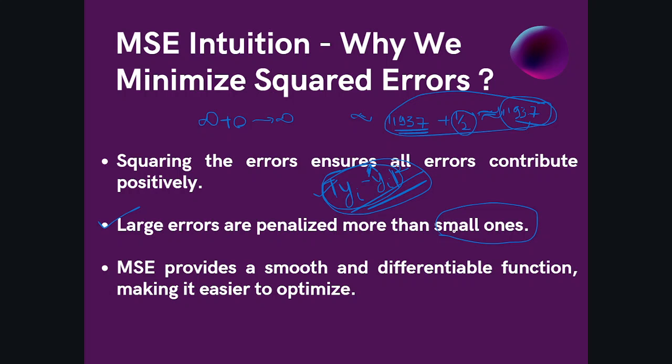We could have used the mod only if it made sense, but just for this particular reason, that large errors are penalized more as compared to the small ones. So this is why we use square.